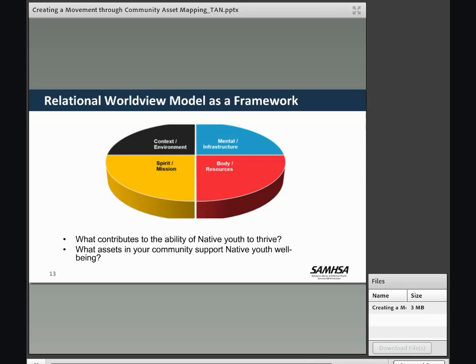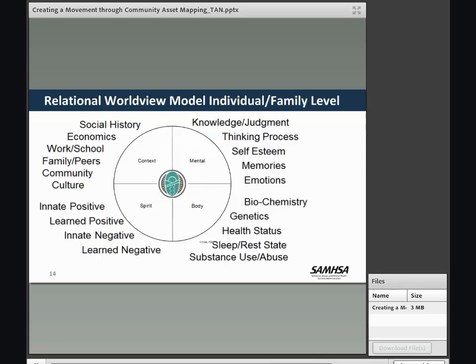So the Relational Worldview model highlights how individual, family, and community well-being occurs when balance and harmony exist among many aspects in life. And you see these as the 4 quadrants that are in this image right here. And it really encourages us to look beyond the Western linear framework and look at all of our community assets on a pretty broad scope.